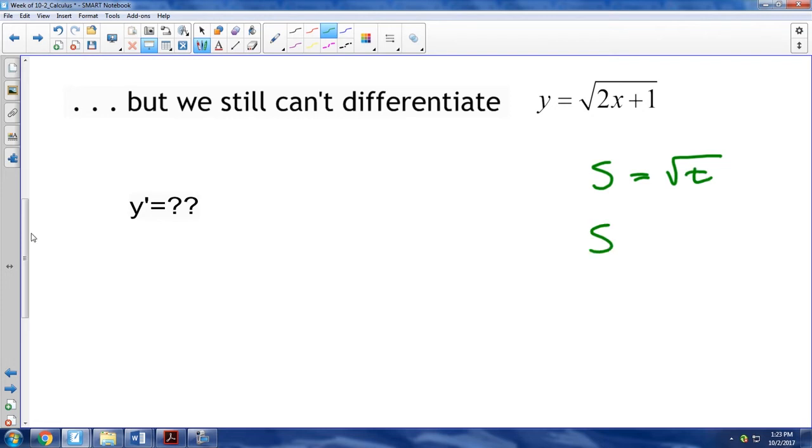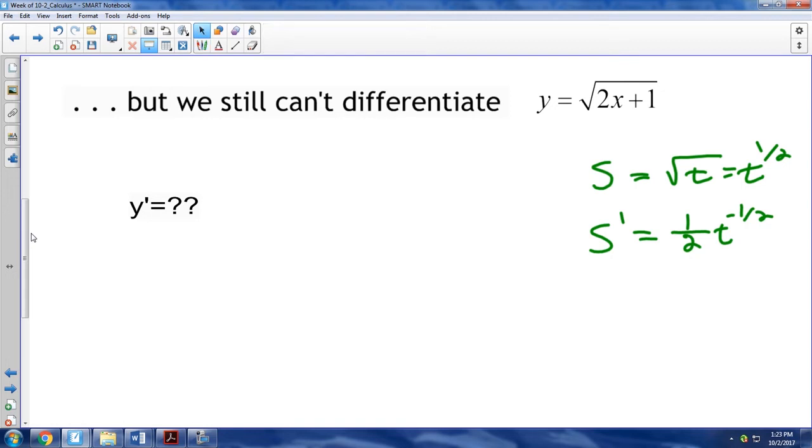Well, what would s prime be? How would you do that? Yeah, I would make this t to the 1/2 and then derive that, right? So then what do we want to do from there? 1/2 t to the negative 1/2. Good. So we can do it. We can actually take the derivative of this as well, but we don't really know what to do about that inside thing.